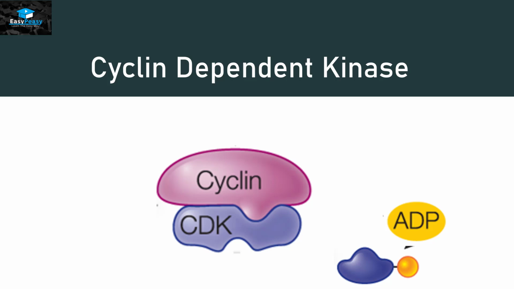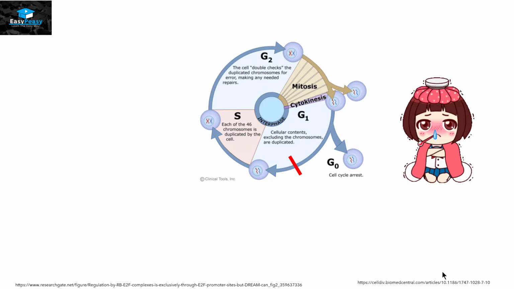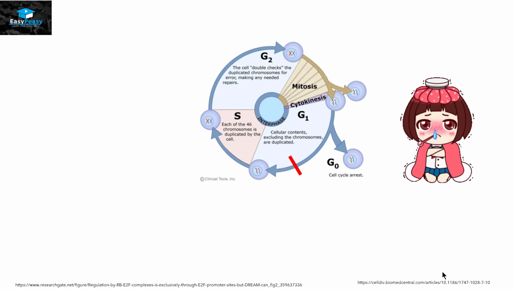Now let's discuss one restriction point specifically and see how it is regulated. The checkpoint we are going to discuss is the G1/S checkpoint. For example, the cell is sick and it cannot go into the next subcategory of the cell cycle.